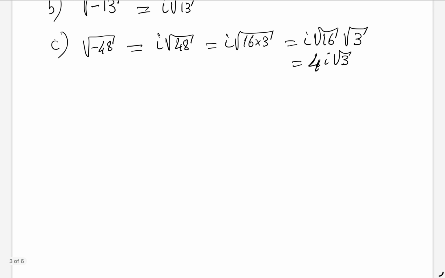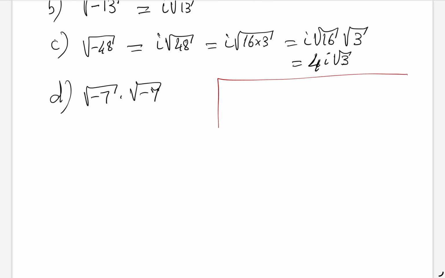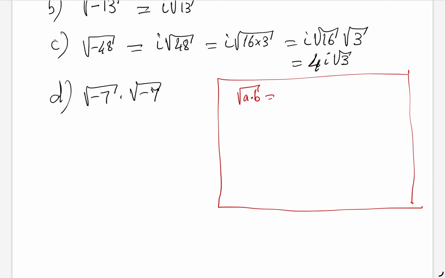So let's do the next one. Example d: if you have the square root of negative 7 times the square root of negative 7. One thing you have to remember about these kinds of formulas is this. Remember these formulas, please. The square root of a times b is equal to the square root of a times the square root of b.